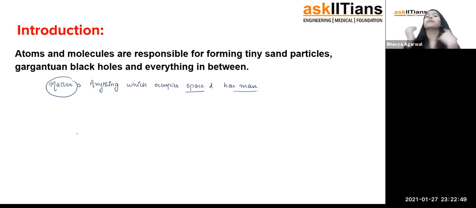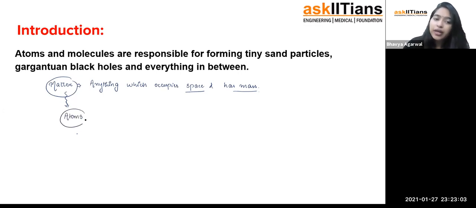But then, what is matter made up of? Matter is made up of extremely tiny particles known as atoms. So this is what matter is made up of.